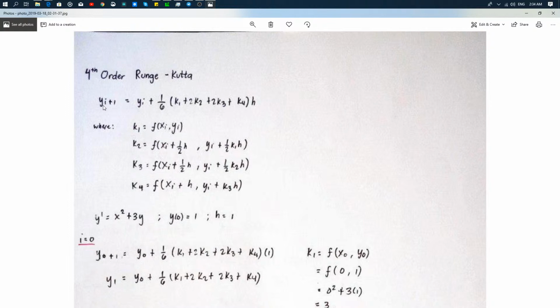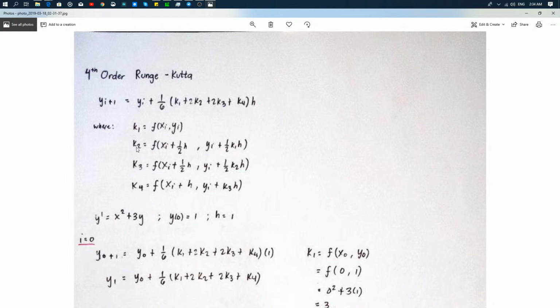So we have y sub i plus 1 is equal to y sub i plus 1/6 of k1 plus 2 k sub 2 plus 2 times k sub 3 plus k sub 4 times the step size, where k1 is the function of x sub i and y sub i, and k sub 2 is equal to the function of x sub i plus 1/2 of h and y sub i plus 1/2 of k1 times h.